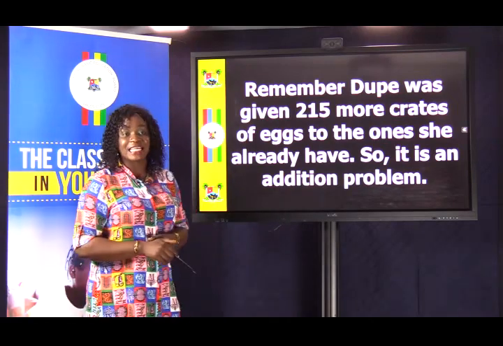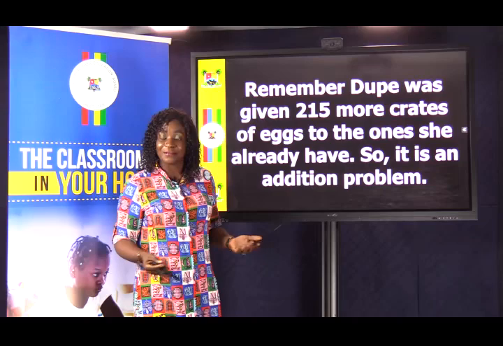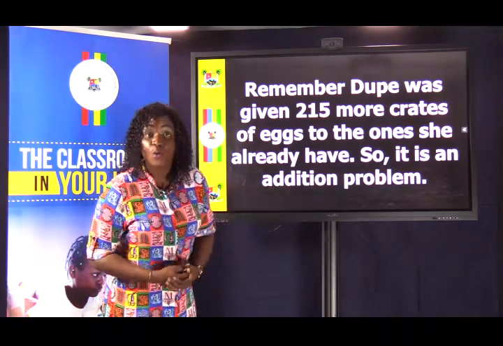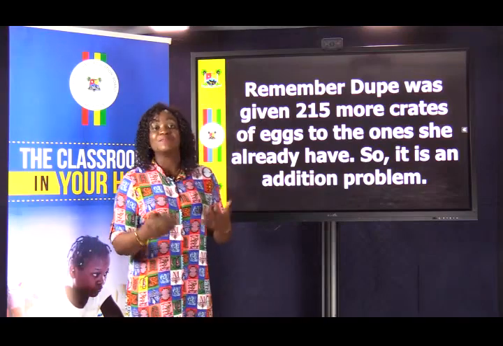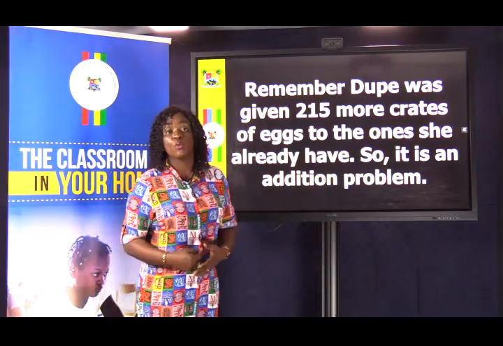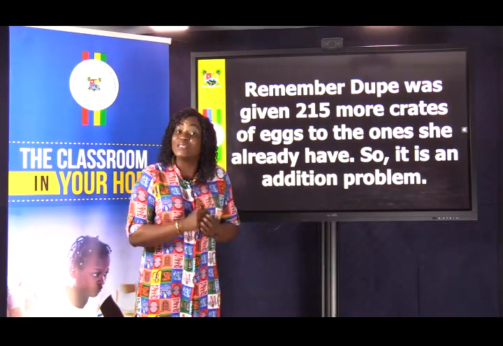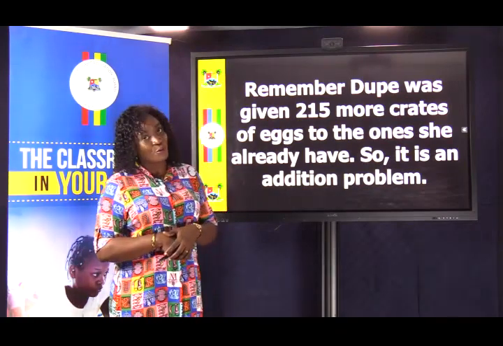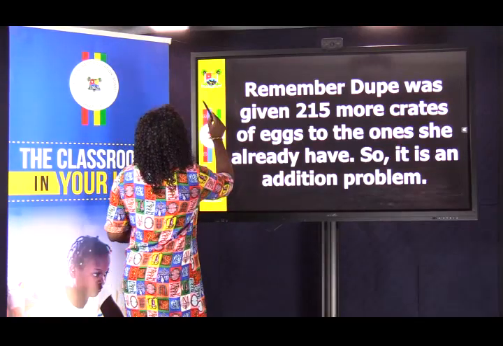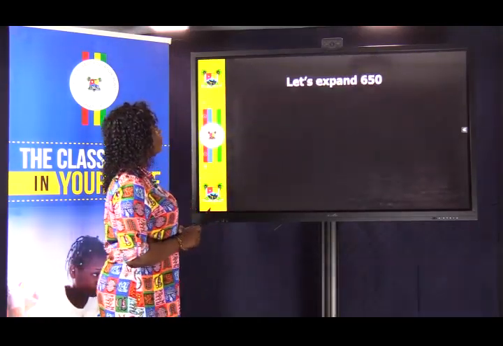So it is an addition problem. When you are given more, it makes what you have increase. But when you give out what you have, you decrease from what you have originally. So since she was given 215 more, it is an addition question.